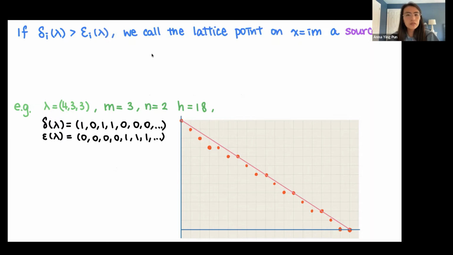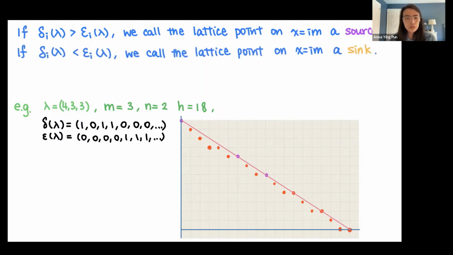After you give me a dent, I'm going to name some of the points. If my delta i is bigger than epsilon i, we call the lattice point a source. So these 3 purple ones are the sources. If it's the other way around, then we call it a sink.